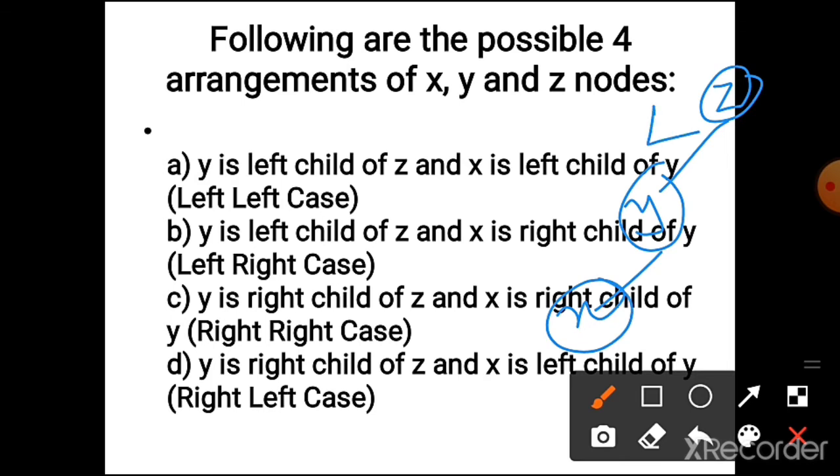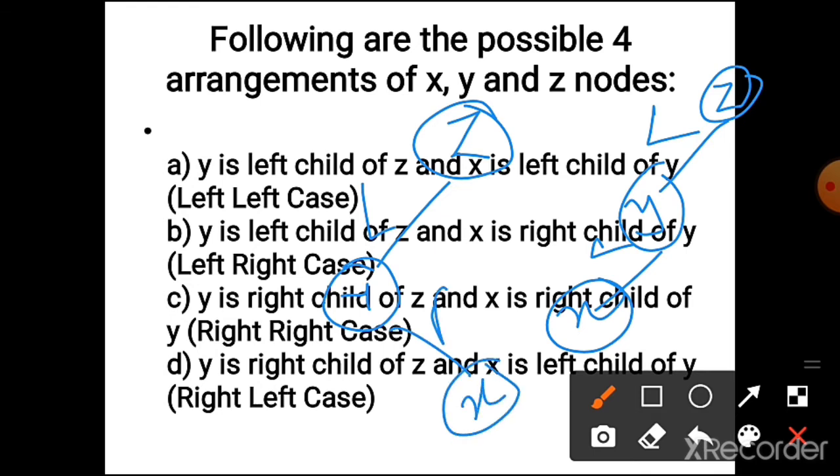Then the next one: Y is the left child of Z, and X is the right child of Y. So this is the LR case, left right case.